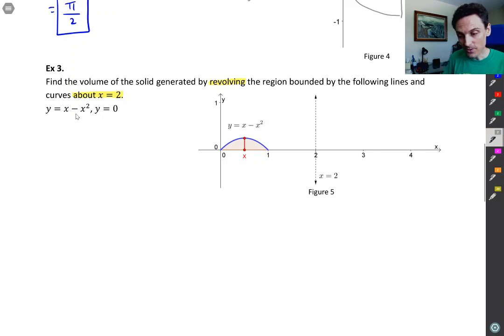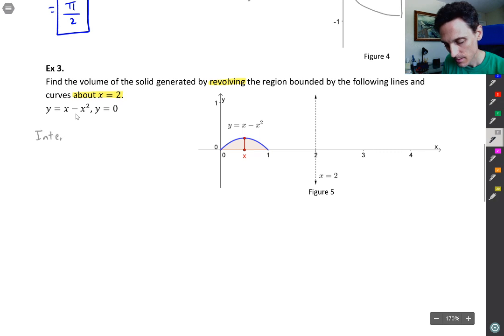But to figure out those intersection points, what we could do is, let me do it right here. Intersection points. Again, this is if you don't have the graph like we have in figure 5. So if you wanted to find the intersection points, you would set these two equal to each other.